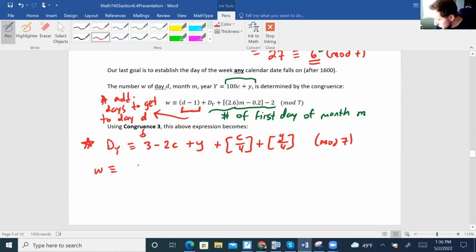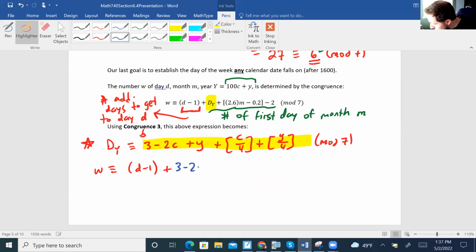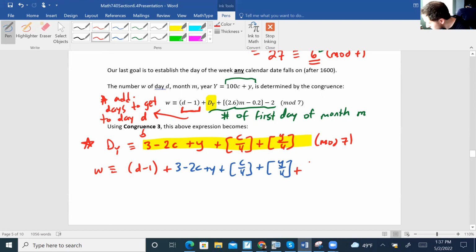W is congruent to D minus 1 plus D sub Y, and all I'm doing is substituting in this expression: 3 minus 2C plus y plus this guy. And then I'm going to add on the additional part at the end, plus the greatest integer function of 2.6m minus 0.2, minus 2.